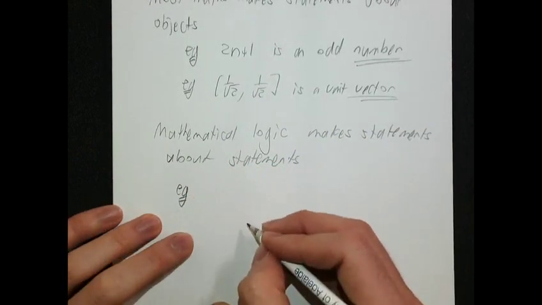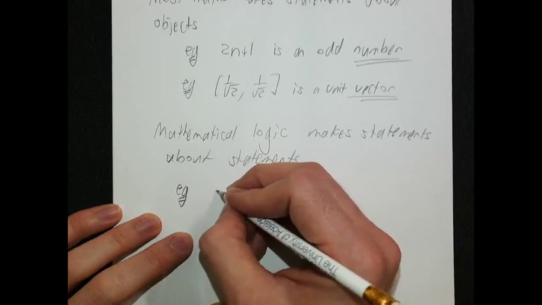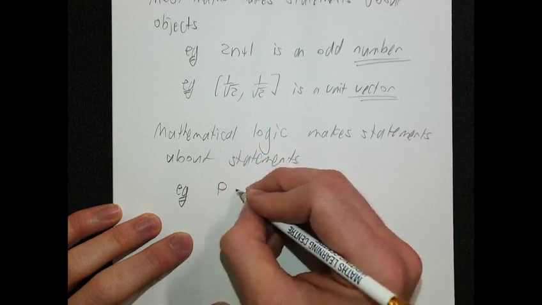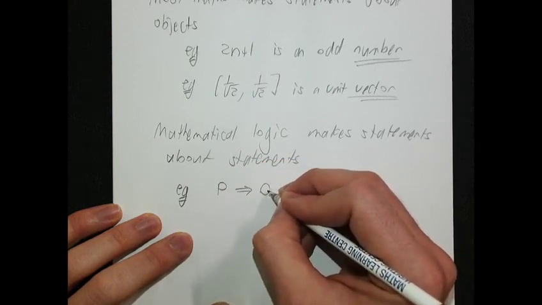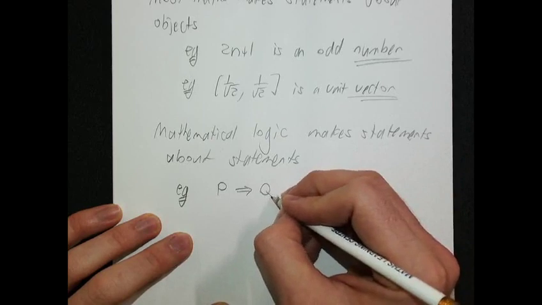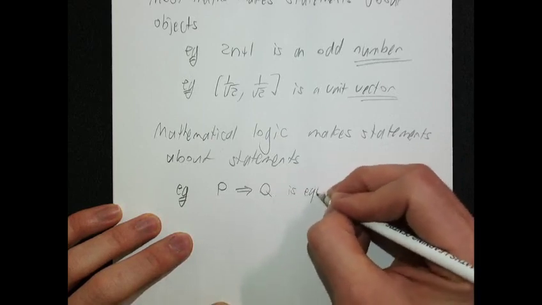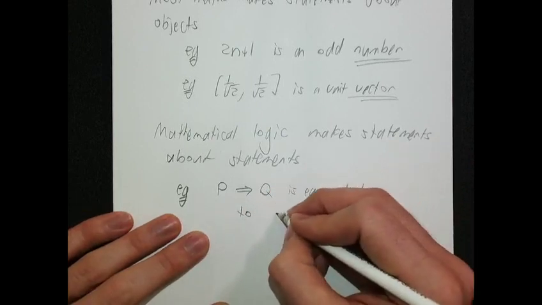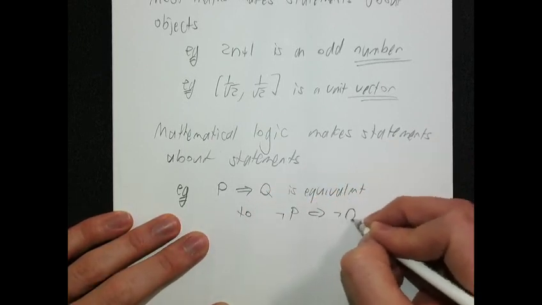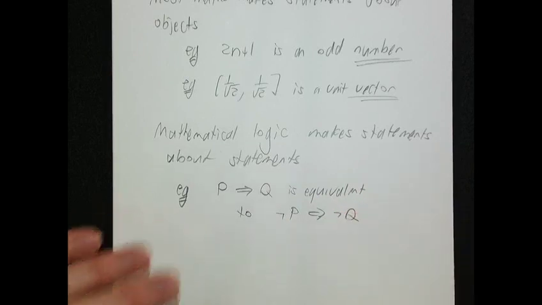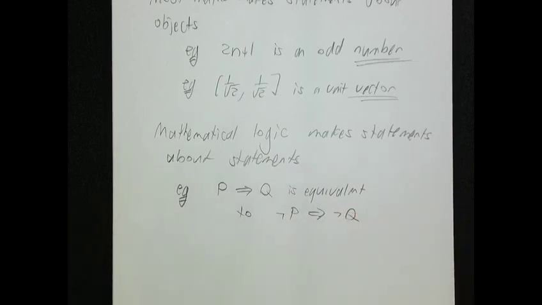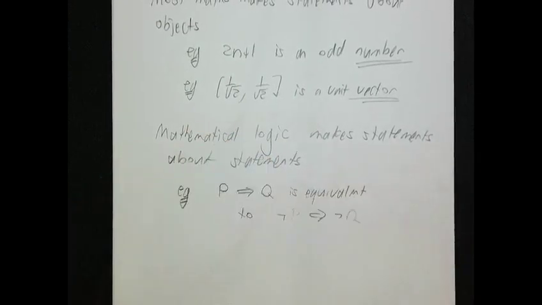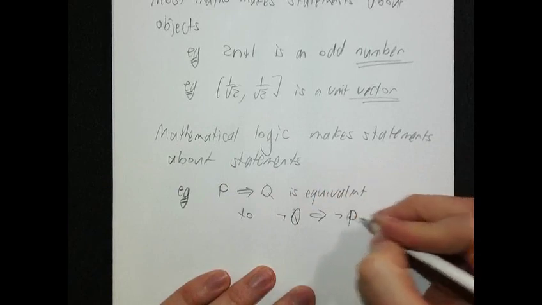So for example, we will say something like, e.g. the statement P implies Q is equivalent to the statement not Q implies not P. Right.